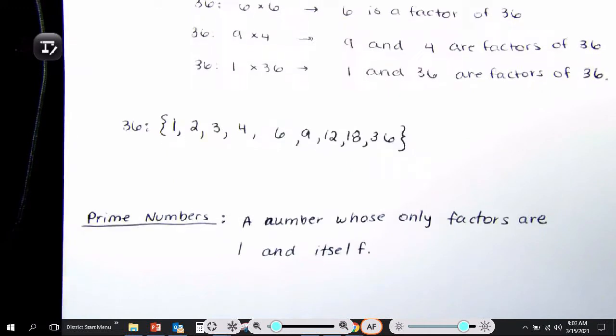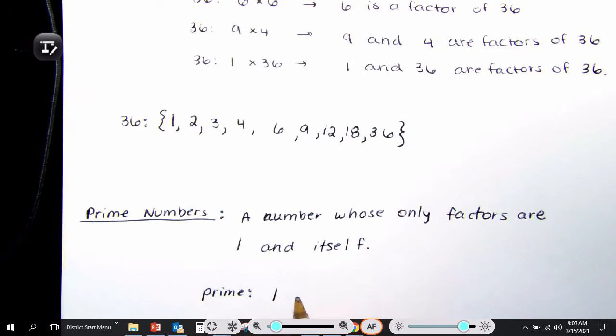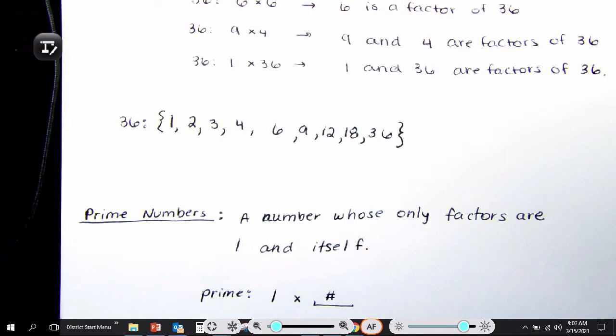So for a prime number, we want 1 times the number. And if there are no other factors, no other numbers can multiply to that number, therefore it is prime.